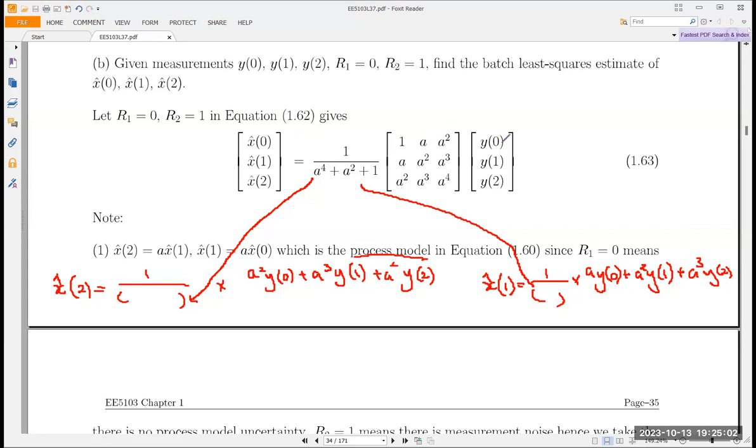X0 is y0 plus y1 plus y2 divided by 3. Okay? That is the average of the 3 measurements. What is x1? This is also 1, 1, 1. So it's y0, y1, y2 add up together, divide by 3. What is x2 hat? Also 1, 1, 1. So it's y0 plus y1 plus y2 divided by 3.